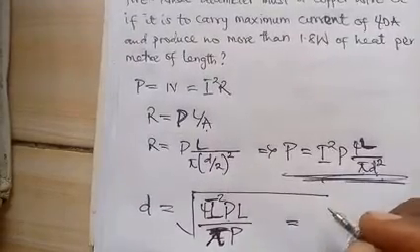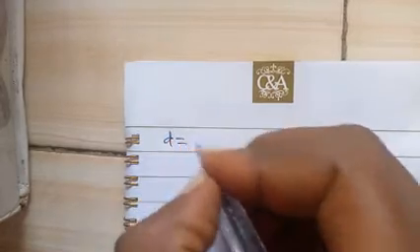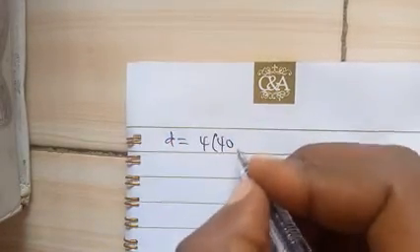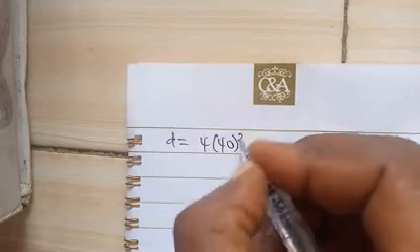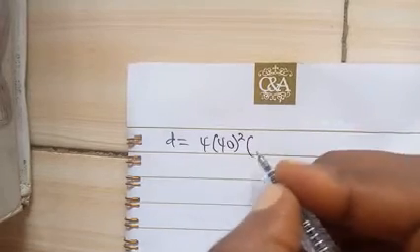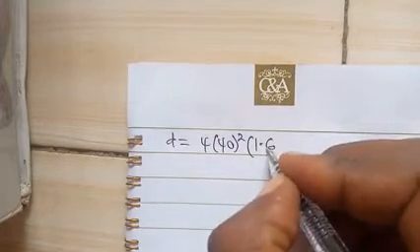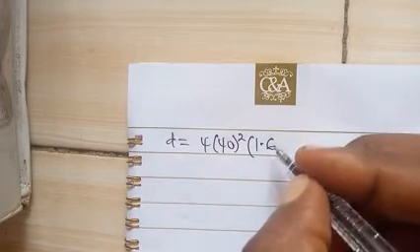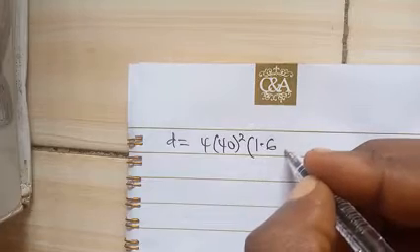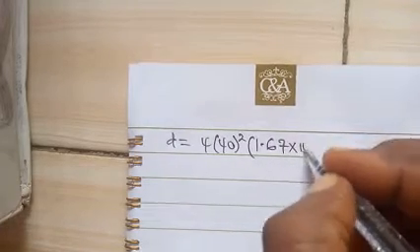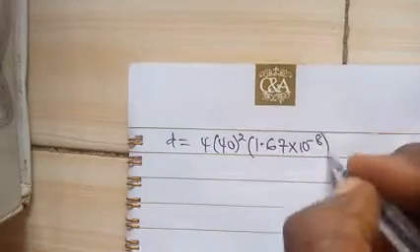So if we fix in the values, you have that d is equal to 4 times 40, our I squared is 40 squared, times our rho is 1.67 times 10 raised to power minus 8, because that's the resistivity of copper wire, a constant.